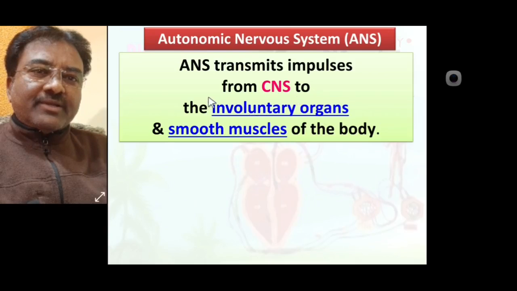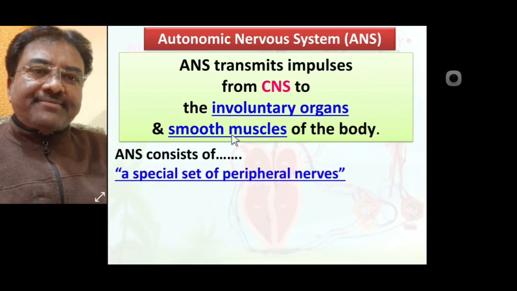Involuntary organs, for example the heart, cardiac muscles, are controlled by the ANS, because in the ANS impulses are transmitted from the CNS to the cardiac muscles of the heart, which is an involuntary organ.